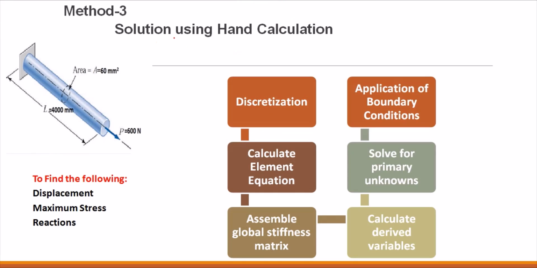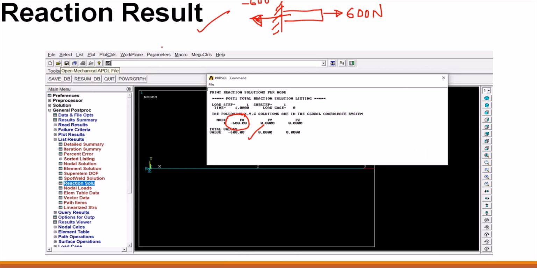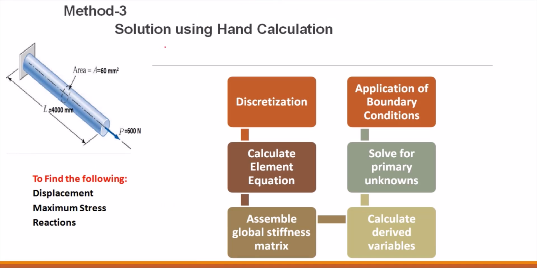In my next tutorial I will go for method number 3 for the same problem. That is hand calculation, where I will follow the finite element method by hand, where we will analytically discretize this problem, calculate the elemental stiffness equation, then formulate the assembled global stiffness matrix for this problem and apply the boundary conditions.